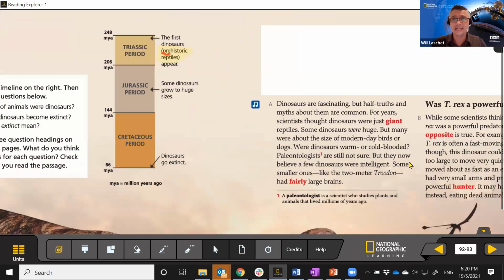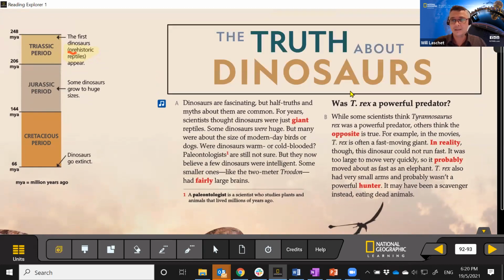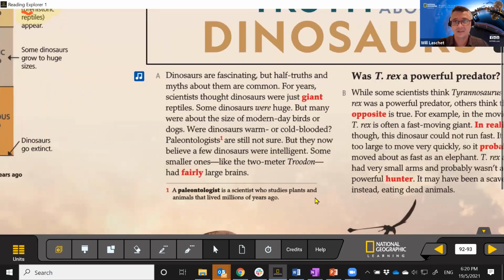Now, before we do that, let's have a look at the title of this article. So this article is called The Truth About Dinosaurs. So here is a little critical thinking task for you. Without reading this, I should cover the text so you can't see it.